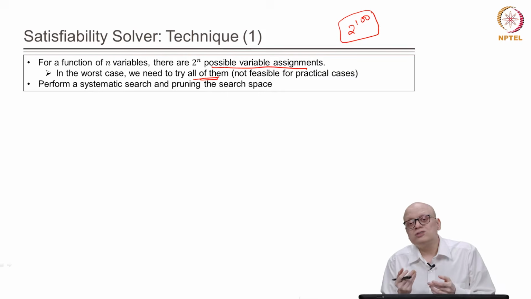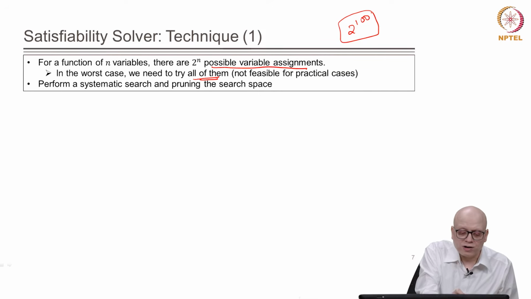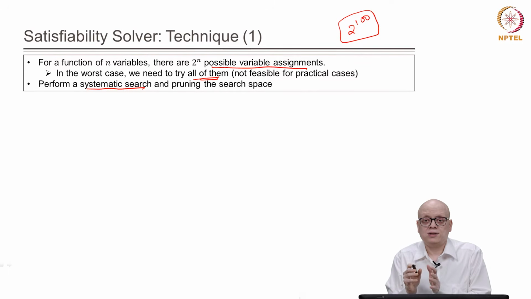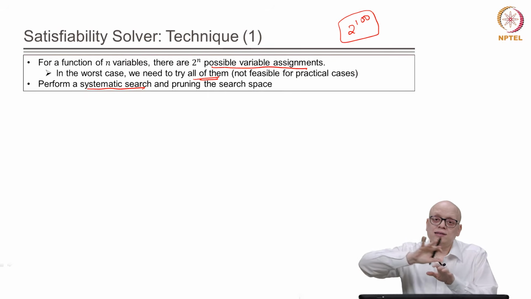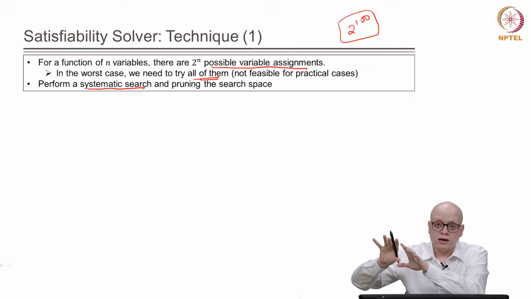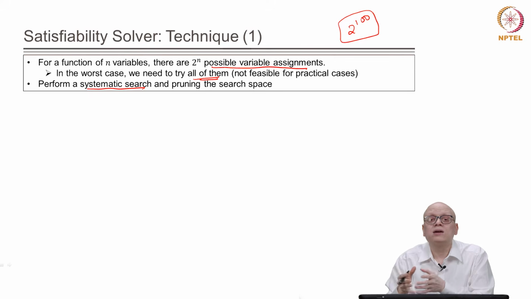So, what do SAT solvers do? They perform a systematic search, and they prune the search space such that they need not explore solutions in some regions of input combinations where a solution cannot exist.